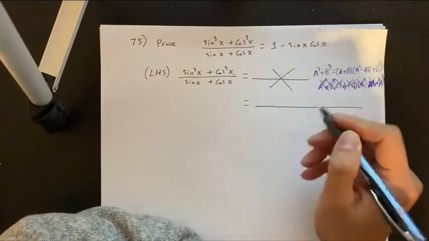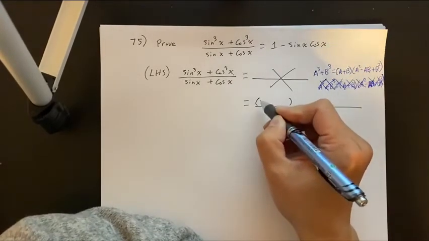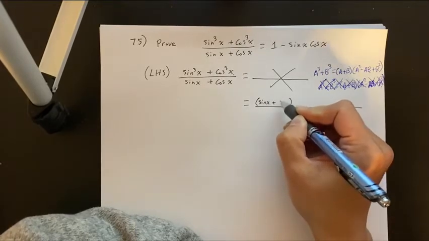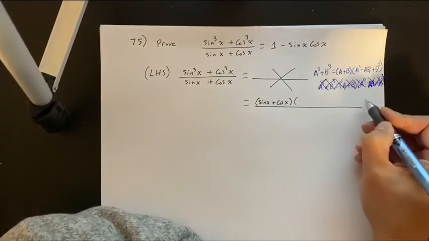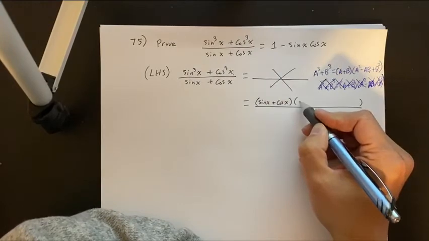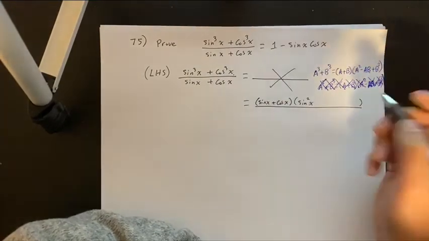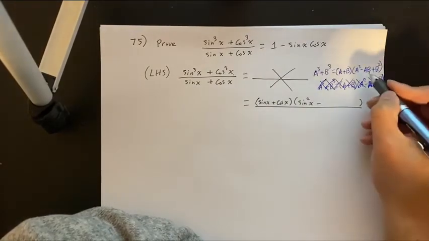So it'll be a plus b. So what's a? Sine x. And what is b? Cosine x. Multiply by a squared. So a will be sine x. Sine x squared is sine square x, right? Minus a times b.